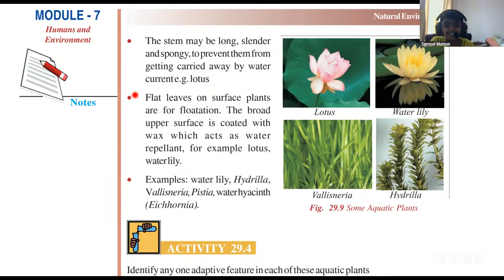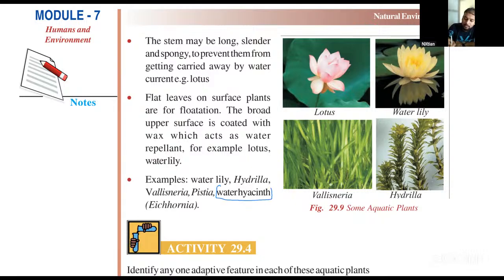Now I want you to do one discovery or searching process. This plant is water hyacinth. I want you to go and search about it. What is the demerit of water hyacinth? Why is water hyacinth not good for the environment?